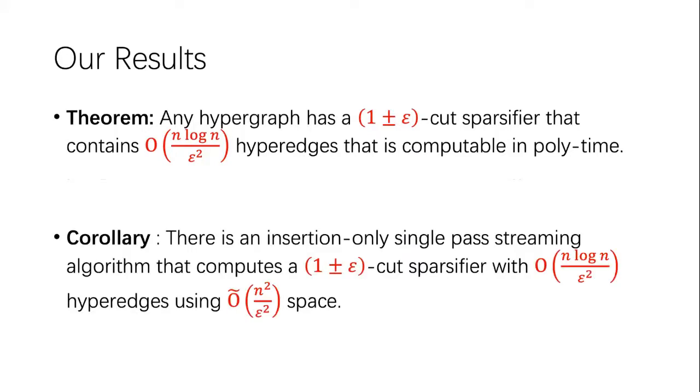As a corollary, there is an insertion-only single-pass streaming algorithm that computes a sparsifier with n log n over epsilon squared hyperedges, which uses n squared over epsilon squared space. Note that just to store these edges, we need this much space. In the remainder of the talk, I will describe the main ideas of our work.